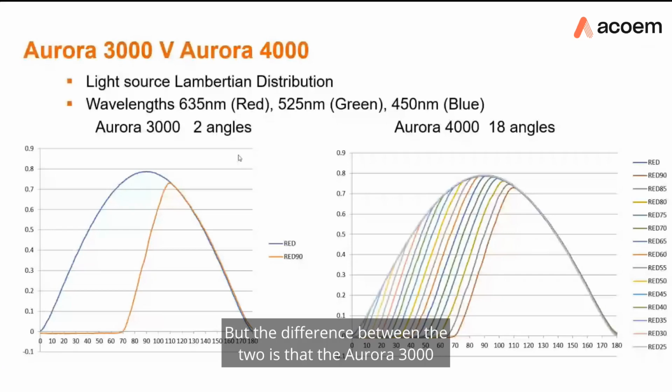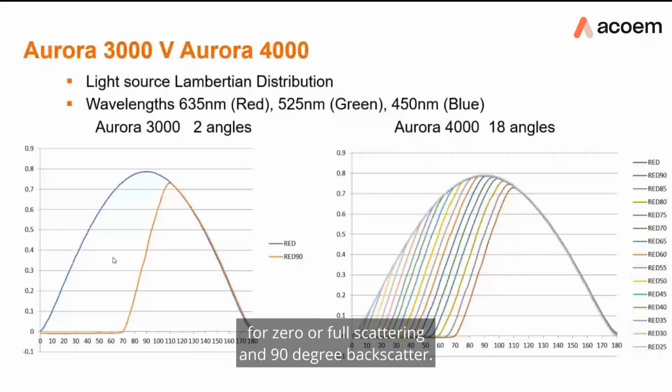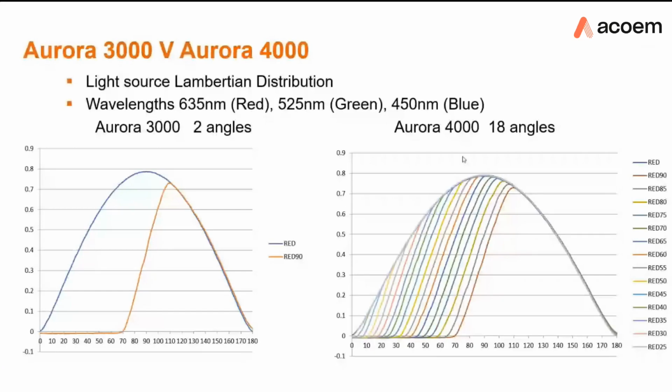But the difference between the two is that the Aurora 3000 has just two angles of scattering, for zero or full scattering and 90-degree backscatter, whereas the Aurora 4000, as you can see on this graph, has 18 different angles that can be selected by the user, and they can sequentially go through each of those angles, measuring the scattering of the sample there.